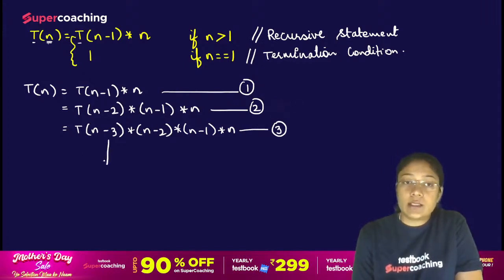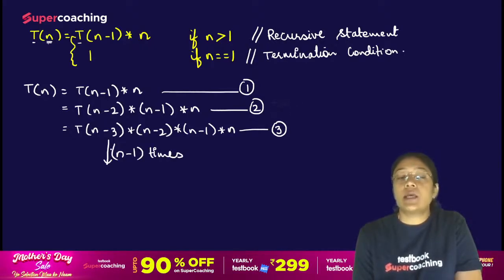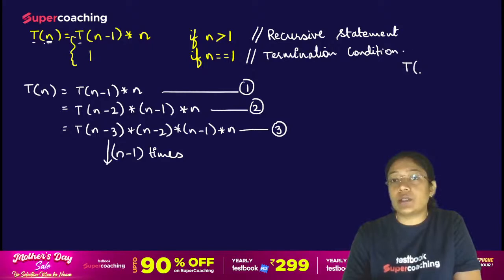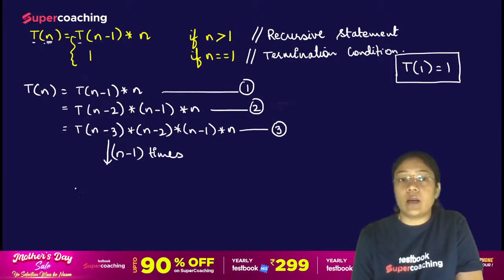We'll be following this step for n minus 1 times. The reason is the same that we have discussed in the previous question, because if I'll be subtracting n minus 1 from n, then only we'll be getting here the termination condition. Termination condition is given as T of 1 as 1. So in order to get 1, I'll be repeating these steps for n minus 1 times.